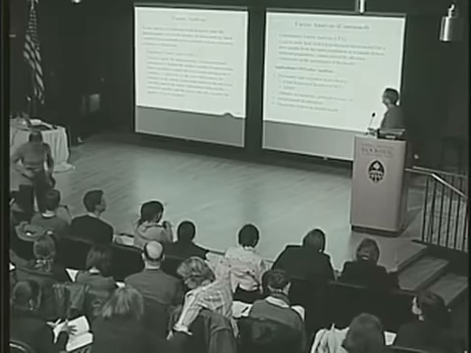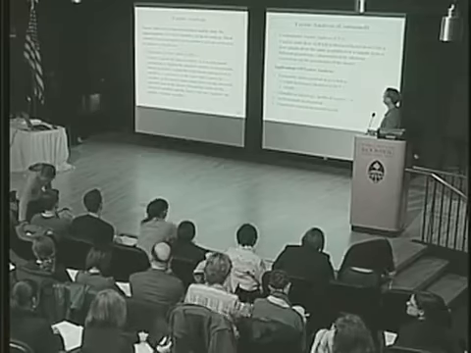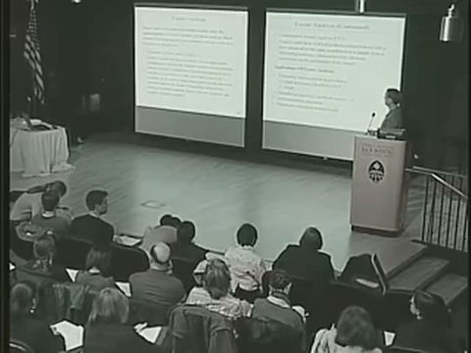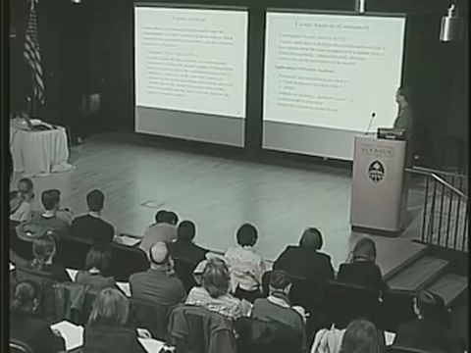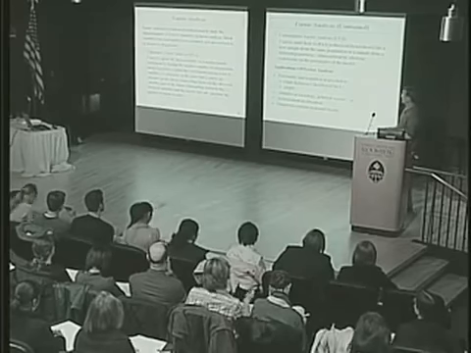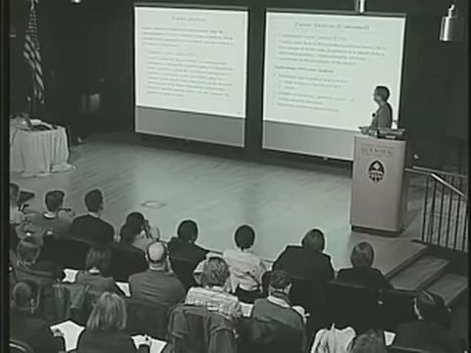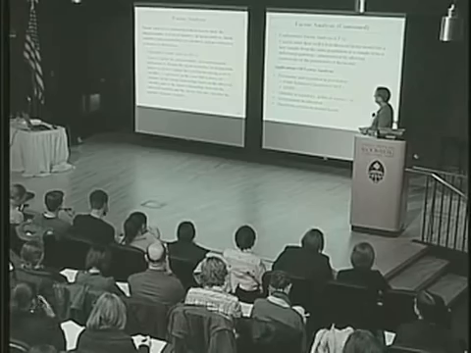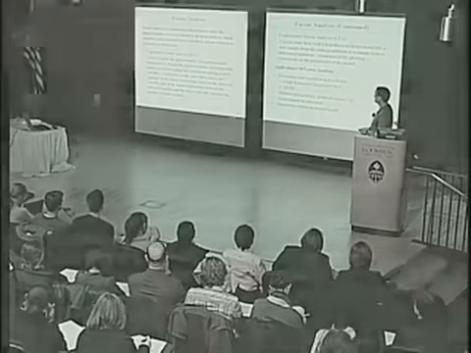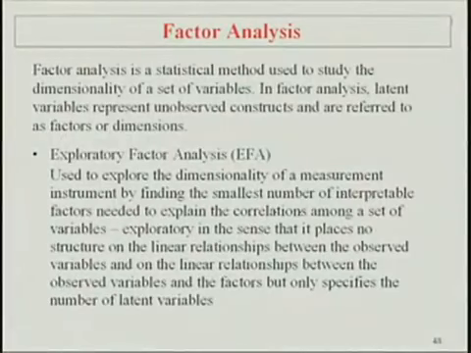So we're talking about two kinds of factor analysis here. The classic technique, the only technique that existed up until 1967, namely exploratory factor analysis, is used, as it says here on slide 48, to explore the dimensionality of measurement instruments, trying to find the smallest number of interpretable factors needed to explain correlations among variables.